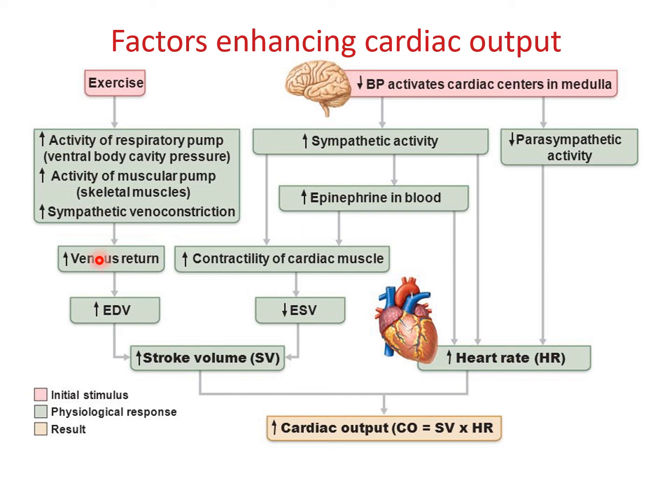So when you increase the amount of blood returning to the heart, it increases EDV, meaning end diastolic volume. Now the end diastolic volume is the volume which the ventricles are filled right before contraction. So the heart stretches more to accommodate more blood because a lot of blood is being returned to the heart.